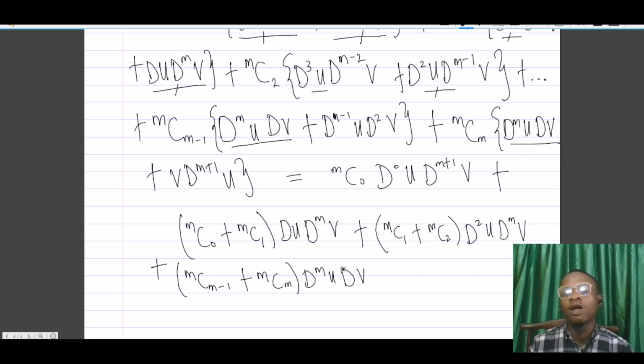All right. Then finally, what else do we have that are similar here? We have the m minus 1 u the square v. We can see that we don't have exactly that here that we can add together with it.